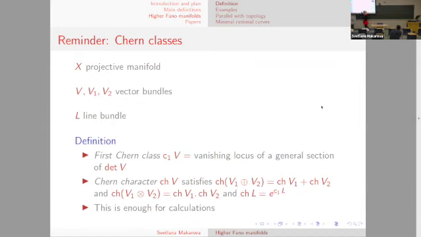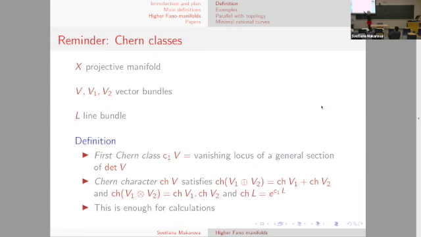The Chern character of V can be characterized axiomatically. It satisfies additivity: if we have a direct sum of two vector bundles, then the Chern character will be the sum of the Chern characters of the two summands. And it is multiplicative with respect to tensor product, where this dot means the intersection product. So I think of Chern classes and Chern characters as closed subsets inside X, and I can intersect these closed subsets.